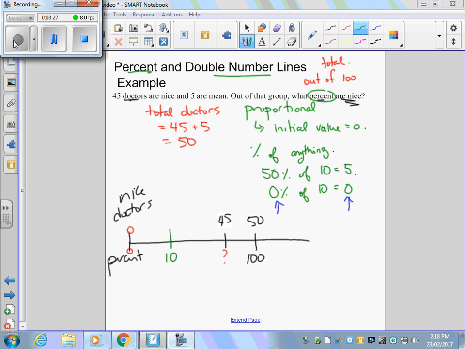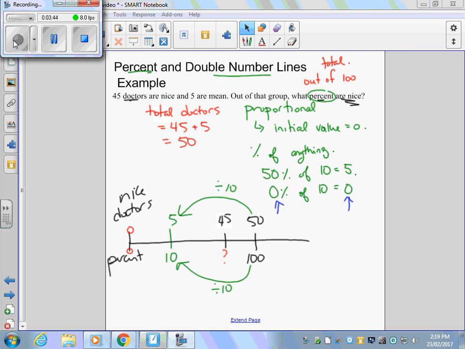So if I was talking about a percent value being 10, that's a friendly number that I know how to turn 100 into. I can take 100 and divide it by 10, and that will give me my result. If I also then take 50 and divide it by 10, then I'd have a result of 5. So if we were only talking about 10%, there would be 5 nice doctors.